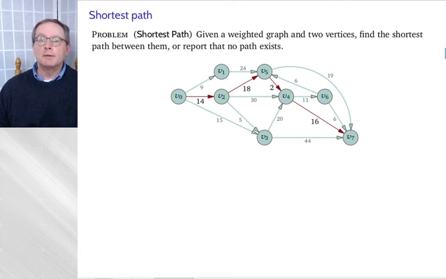Another example of a famous problem that will come up all the time is the shortest path problem. You're given a weighted graph. There's a graph with edge weights, 15, 5, 30, 20 kind of thing. And you're asked to find the shortest distance between V0 and V7. Or maybe you'll report that in fact there is no path between V0 and V7.